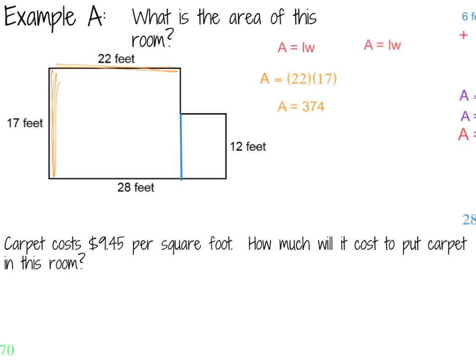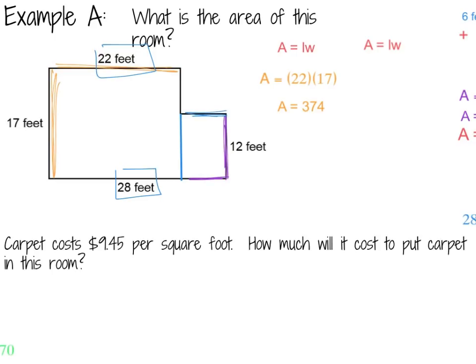The second rectangle, I know that I have 12 feet as the length, but I don't know what my width is. But just like what I was talking about with perimeter of irregular figures, I can use the problem to help me out here. So if I see that the entire length is 28 feet, and this top section is 22 feet, I can do some math to figure out what the part is that's left over.